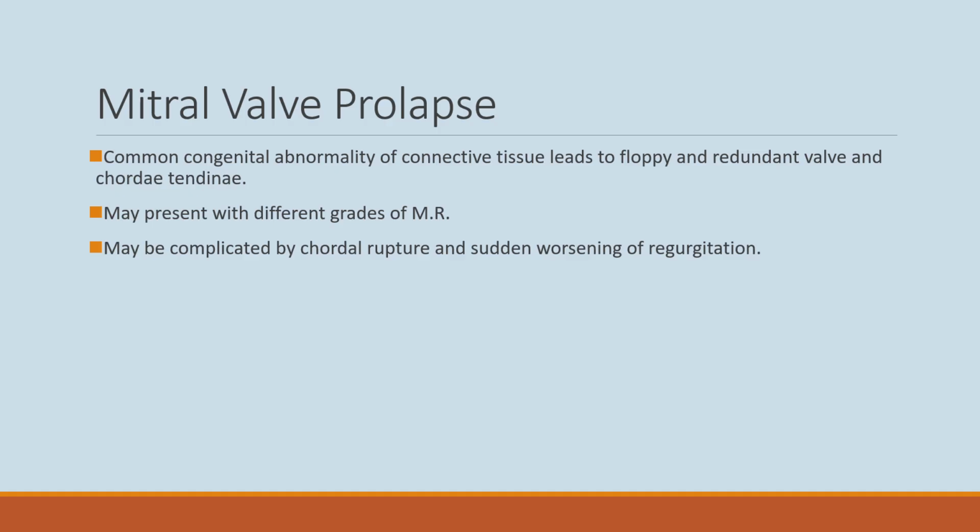And as we said, you can have simply a click from mild mitral valve prolapse, to mild mitral regurgitation, to moderate and even severe mitral regurgitation. Sometimes the regurgitation will not be severe, but overnight one of the cords, the chordae tendineae, will rupture, and suddenly the valve becomes severely regurgitant.